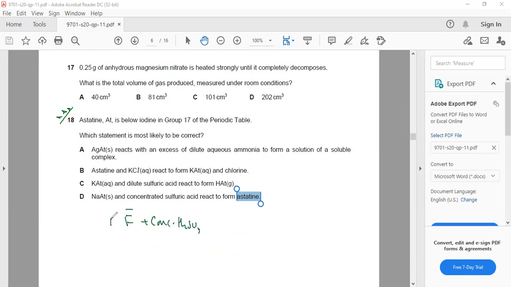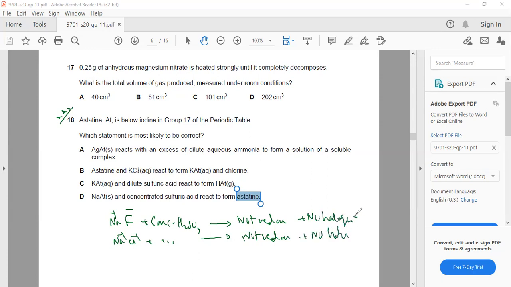Any fluoride, sodium chloride: sodium chloride plus concentrated sulfuric acid is not redox. First thing, not redox, no halogen. HF and HCl form. Memorize this rule because it comes very frequently.